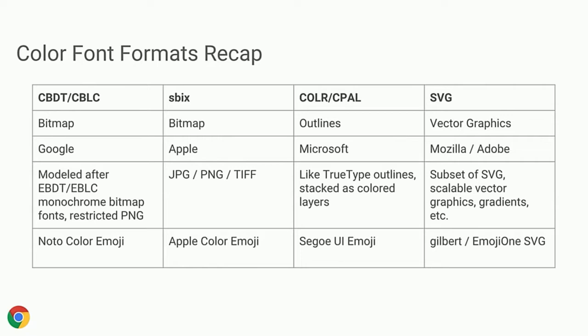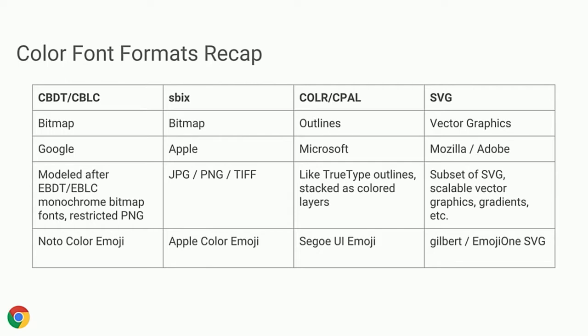sbix is Apple's bitmap format. You can embed multiple image formats like JPEG, PNG, and TIFF in it, and the most prominent example of it is Apple Color Emoji. COLR/CPAL is a format initially proposed by Microsoft, and it works pretty much like layered TrueType outlines that are assigned a color from a color palette.